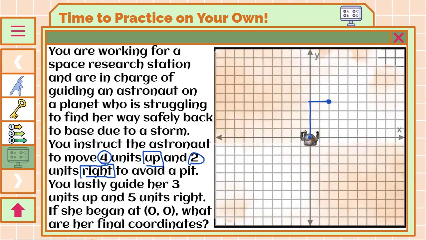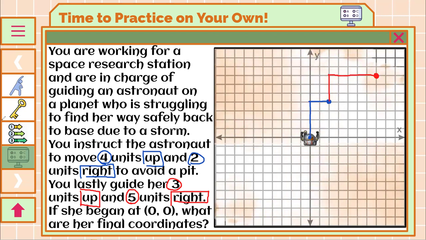The next part is that you have her move 3 units up and 5 units right. So doing that, if you went up from the last point, 1, 2, 3, and then went 5 units right, 1, 2, 3, 4, 5, this should have been the final point you guided her to.